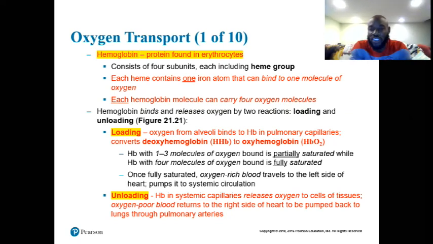Remember, oxygen floats around as O2. So when we're talking about a molecule, we're talking about 2 oxygens bound together, double covalently bonded together. So each hemoglobin can carry 4 oxygen molecules, so 4 O2s. So actually 8 oxygens, but 4 O2s, okay?